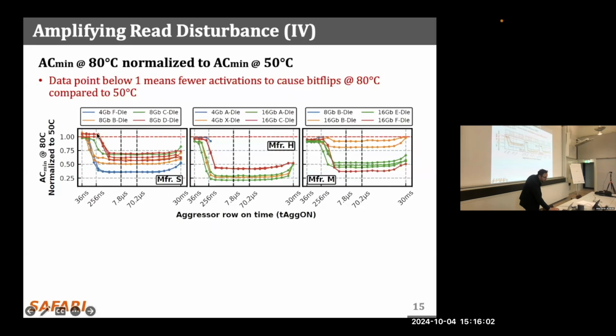As you increase tAggON, there's a significant decrease around this region, around this region, around this region, and all these are below 1, right? So it shows a very strong relation between the temperature and the RowPress vulnerability. When you increase your temperature, RowPress gets worse.